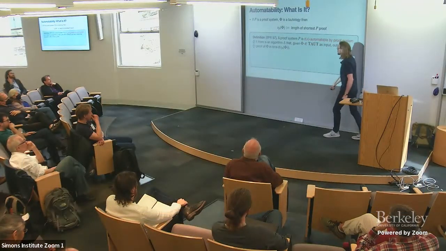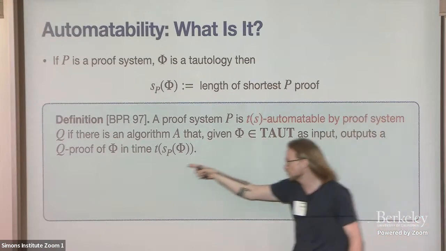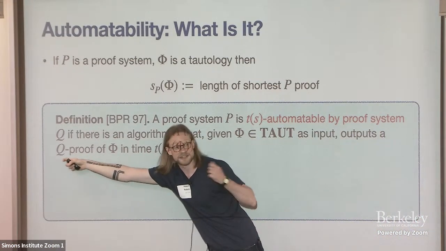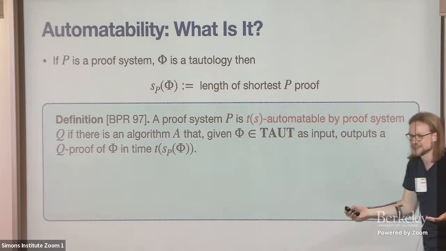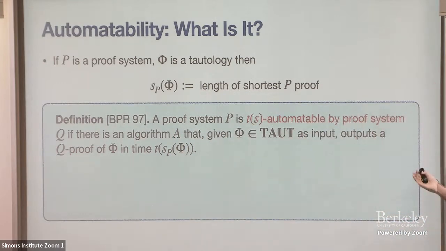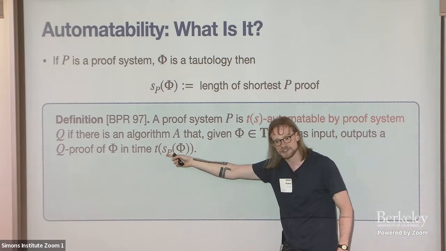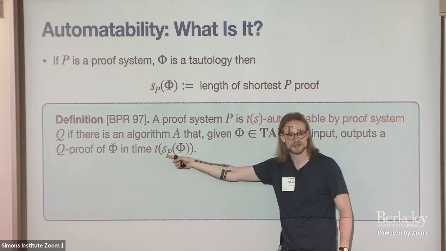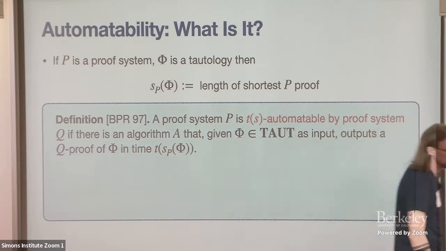So in other words, this algorithm is going to be given a tautology, and it's going to output a proof of that tautology, maybe in a different proof system. I don't really care. Like these SAT solvers that exist, they'll output DRAT proofs or something like that, not a resolution proof. But the important part is that the amount of time it's going to take is proportional to the length of the shortest proof of phi. Okay.